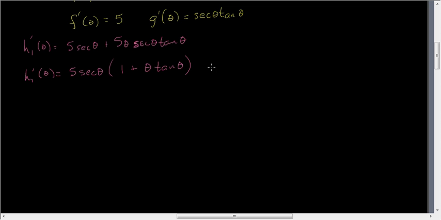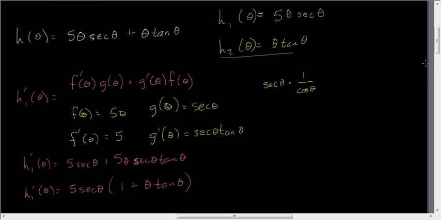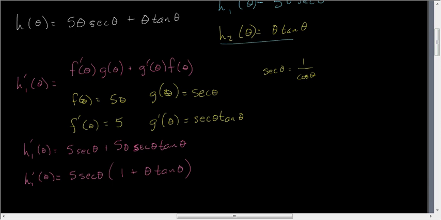All right, so now that was the first one. Let's take a look at the second one. Remember, we split them up. I'm going to erase this identity here to give myself a little bit more room so I can have both of them side by side. h2 prime of theta is equal to f prime of theta g theta plus g prime theta f theta. Now we're on a totally separate function here, and so these f's and g's have to be redefined.